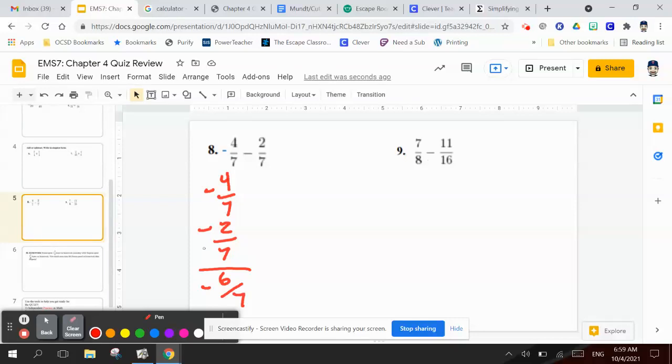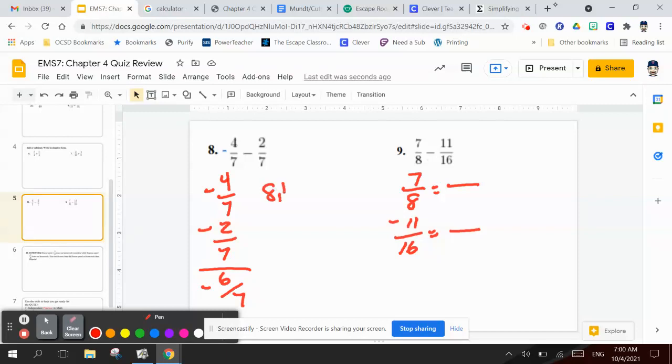Number 9, we have 7/8 minus 11/16. So again, I rewrite that as 7/8 minus 11/16. And now I need to find that common denominator again. What number do both 8 and 16 go into?